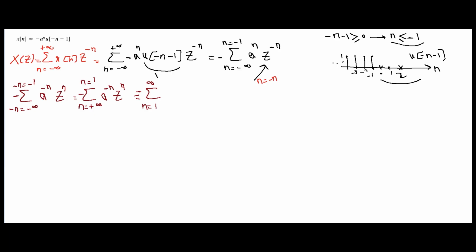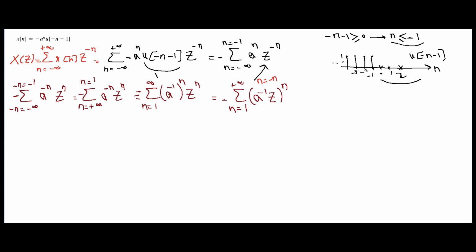Since both terms have the same exponent, we combine their bases. Therefore, the expression becomes minus the summation from 1 to positive infinity of a to the power minus 1 multiplied by z, all raised to the power n.